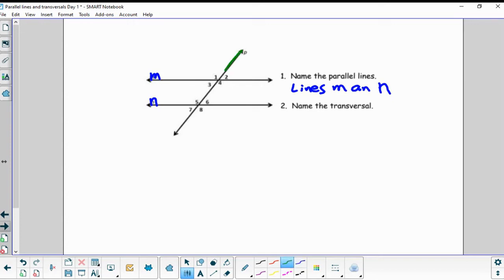That line is line P, and we're going to write down line P there. Sometimes there are other types of notation you can use to indicate line P or lines M and N, but for now, this will be good enough.